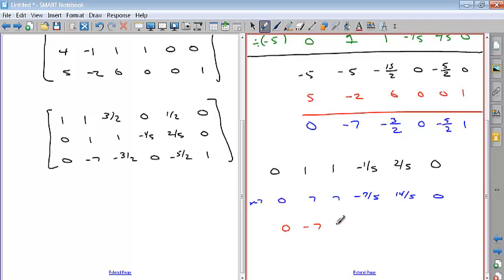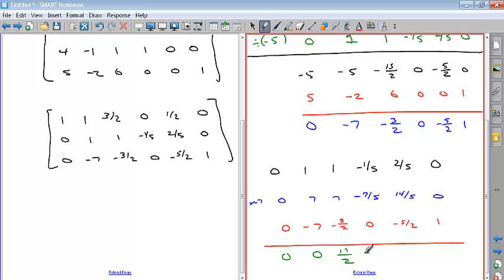-7, -3 halves, 0, -5 halves, 1. Add those together. I'll get 0, 0, 7 minus 3 halves. So this is 14 halves minus 3 halves, which is 11 halves.